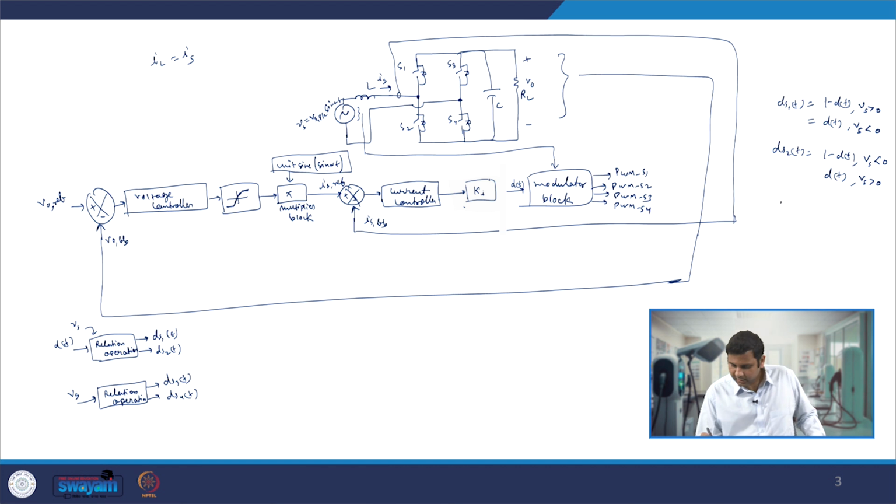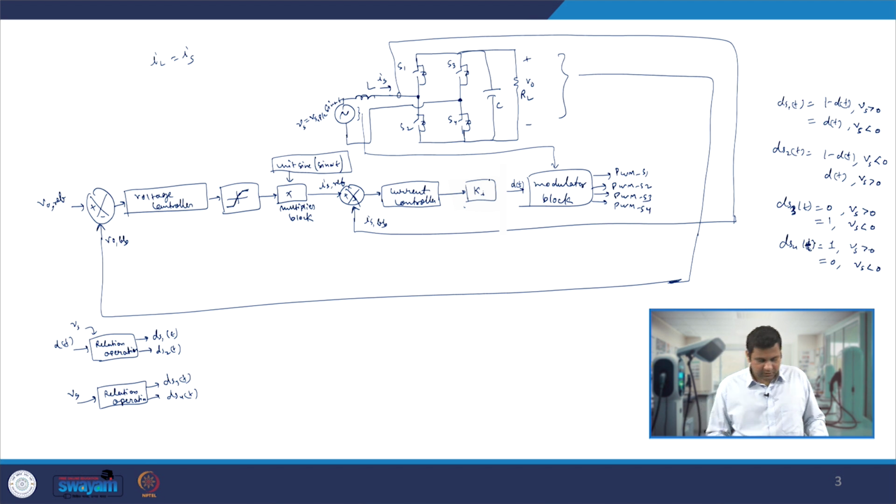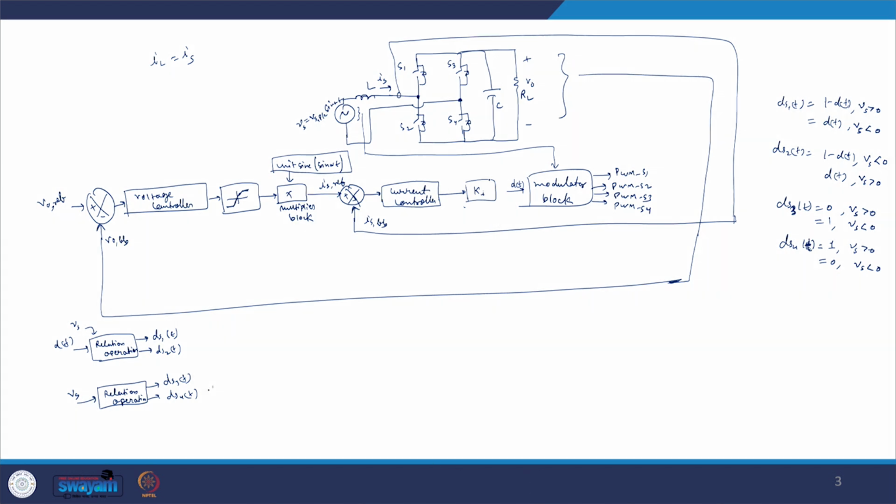How will this look? dS3 of t is equal to 0 for Vs greater than 0, and equal to 1 for Vs less than 0, and dS4 of t is equal to 1 when Vs is greater than 0 and 0 when Vs is less than 0. So using these two things you can generate the duty ratios.